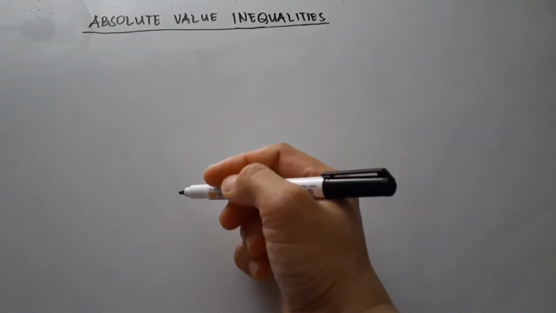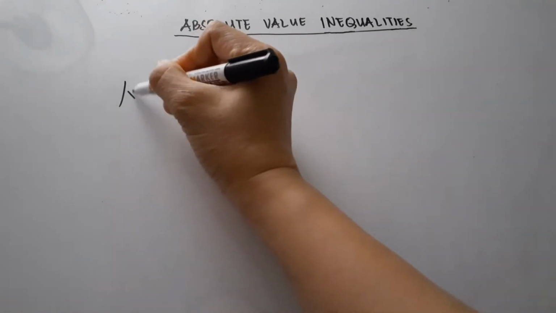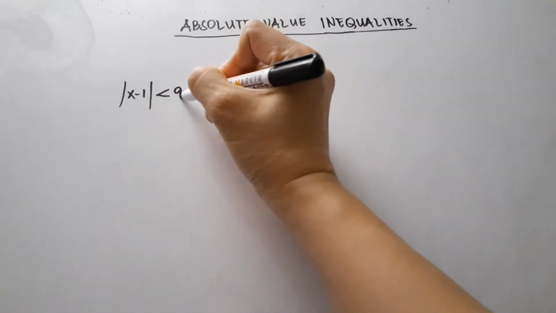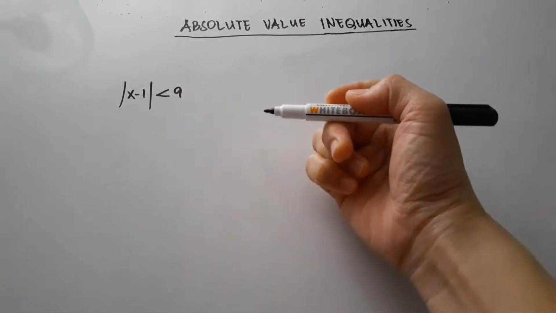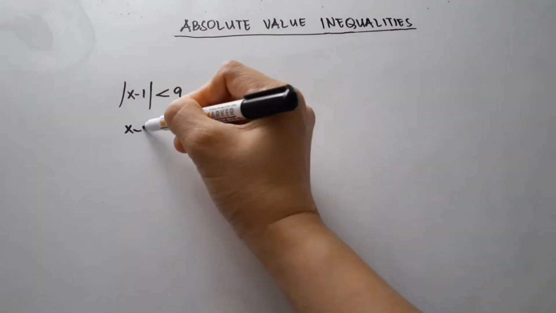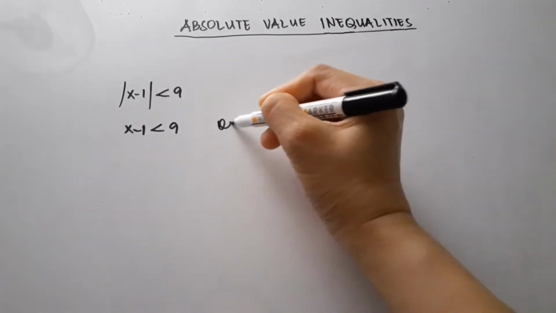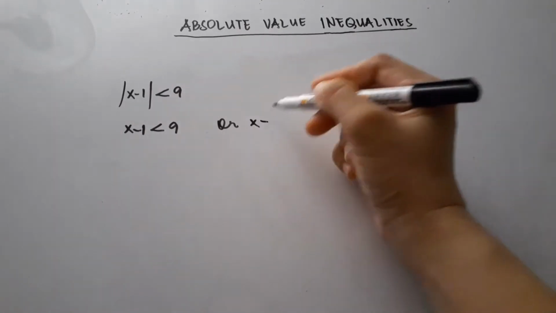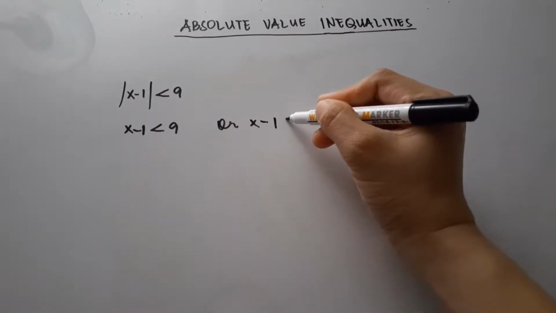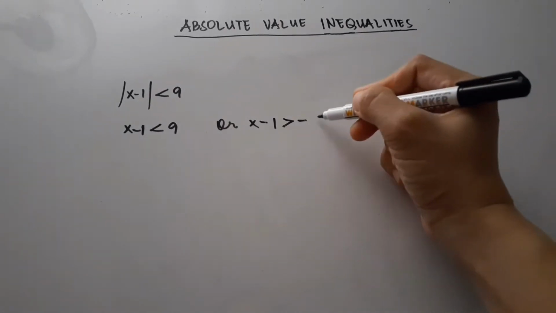Then let's have another example. The inequality is the absolute value of x minus 1 less than 9. Remember that we can have two possible answers. We have x minus 1 less than 9, or x minus 1 greater than negative 9.